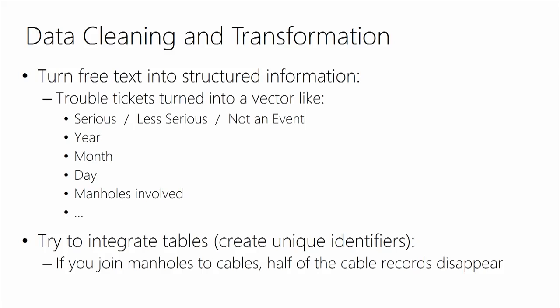And then, as I mentioned, trying to integrate the tables is particularly difficult. Just to join the manholes to what cables they fit into, we lost half the cable records. So we had to do a lot of work making sure the integrity of that table join was good.